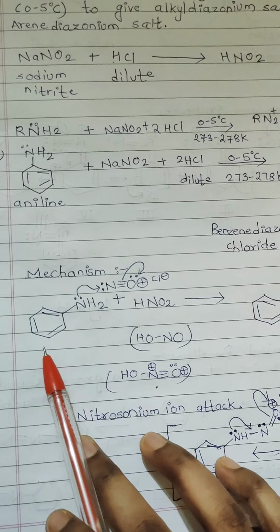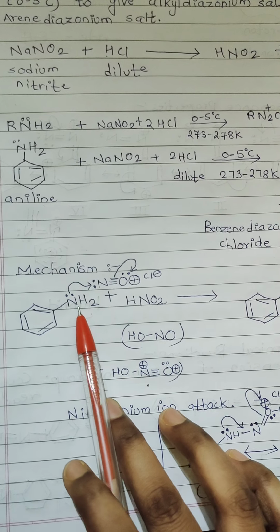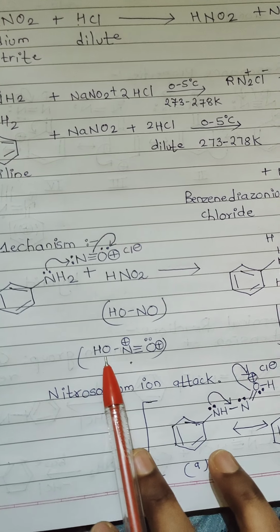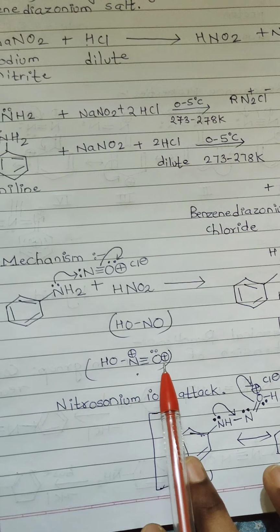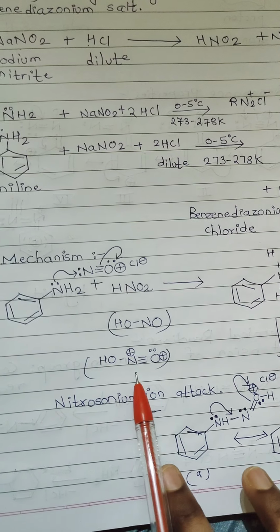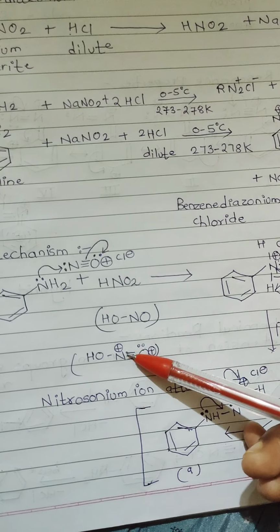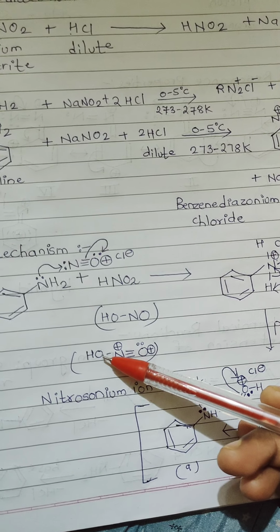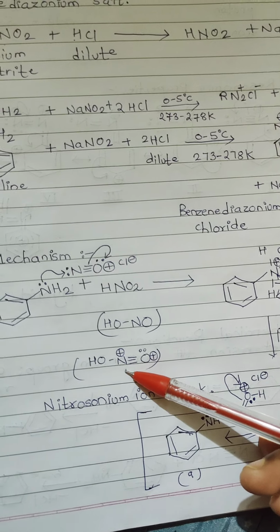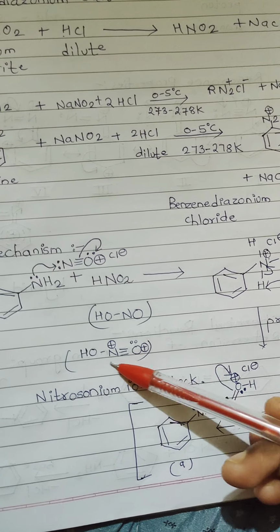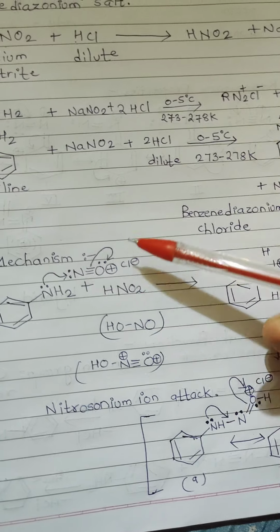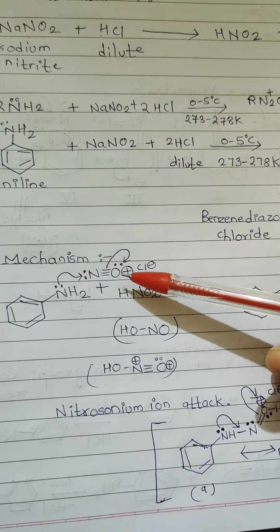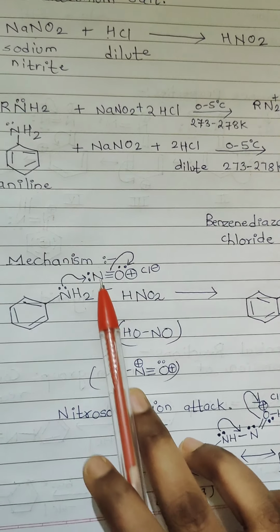We have taken primary amine, that is aromatic amine aniline, and we have taken HNO2, nitrous acid. Structure of HNO2 is like this. The nitrogen carrying positive charge attracts electrons from this oxygen, and hence the nitrosonium ion gets formed here, or free.